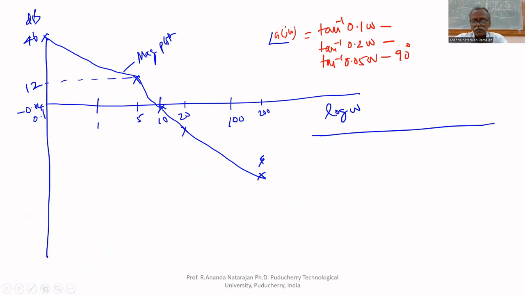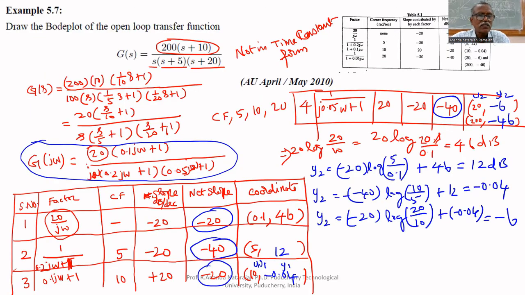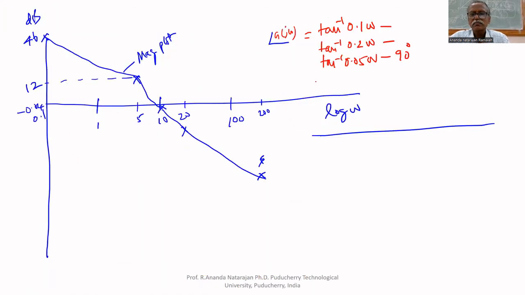Because for this j omega, you will get 90 degree.